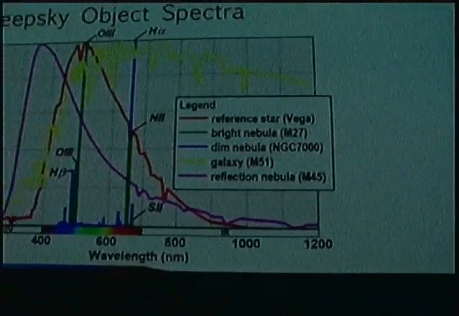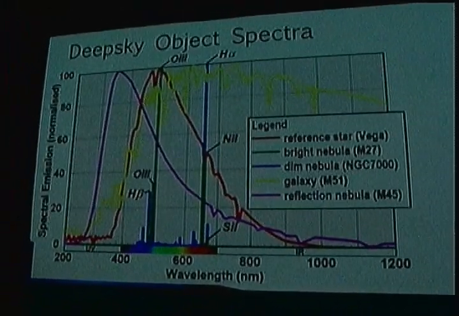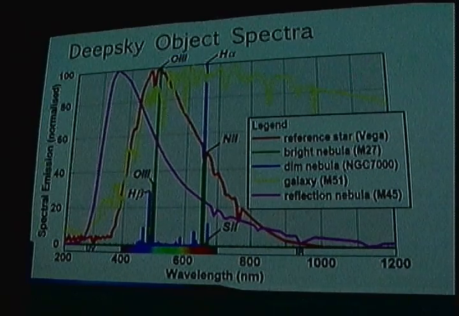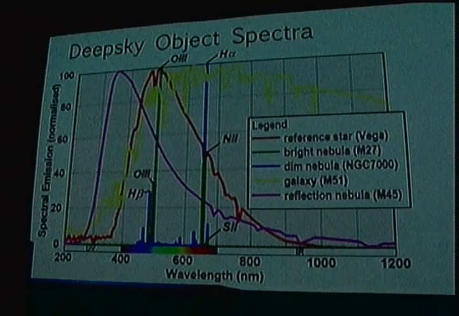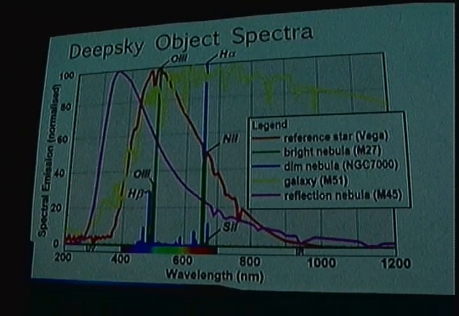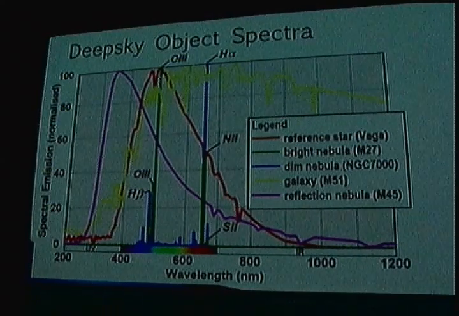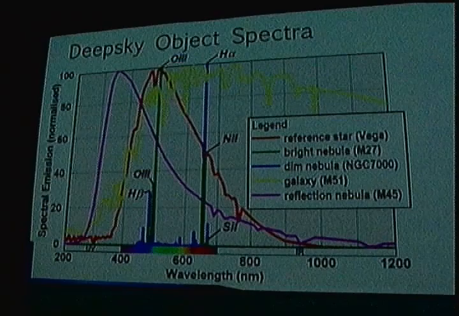So these are some emission plots for some common deep sky objects. There are two main types of objects based on the nature of their emission spectrum. Any object that we see because of light being given off by stars is considered to be a broad spectrum emitter.